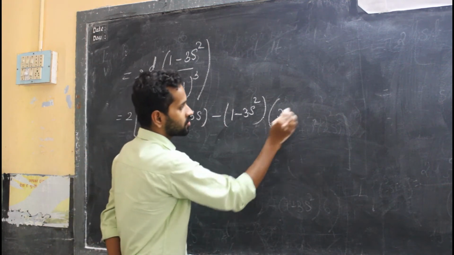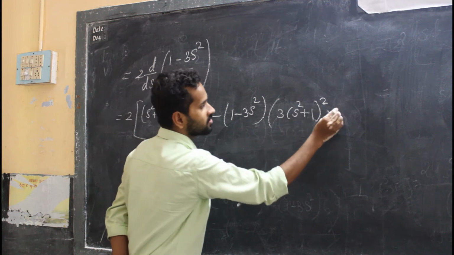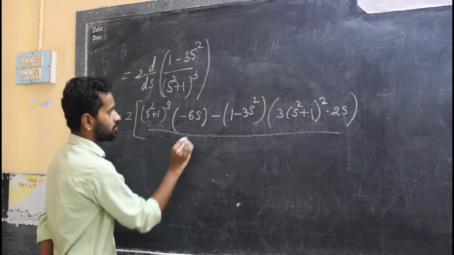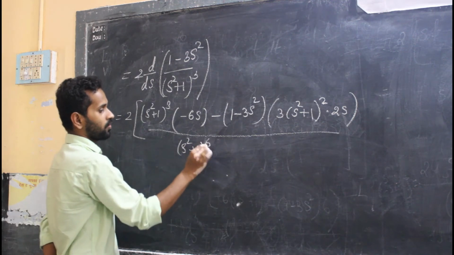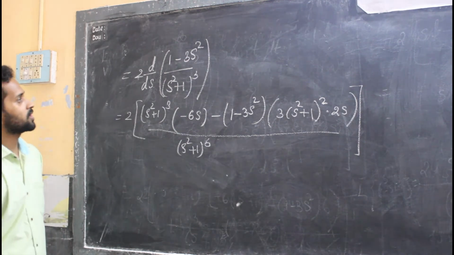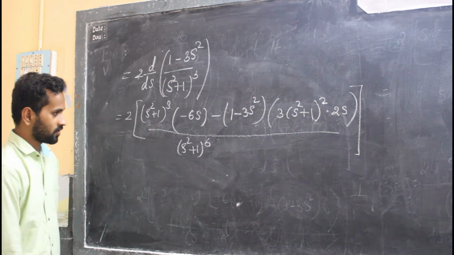This becomes 3 into (x square plus 1) whole square into 2x, divided by (x square plus 1) whole power 6, v square, right? So v is (x square plus 1) whole cube, that becomes whole square, and I will be getting (x square plus 1) whole power 6.